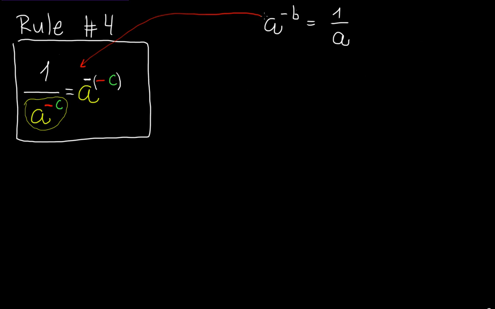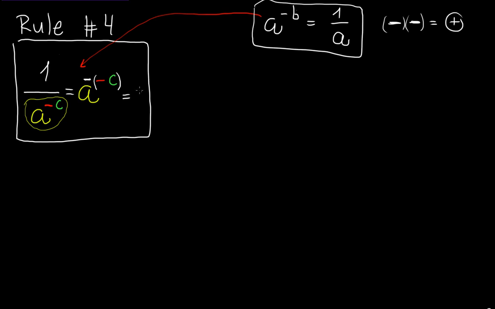Now hopefully everybody understands at this point that if you have minus and minus, multiplied, it becomes plus. So the actual rule is that when you have it on the bottom, the result is simply the number with the exponent right here.